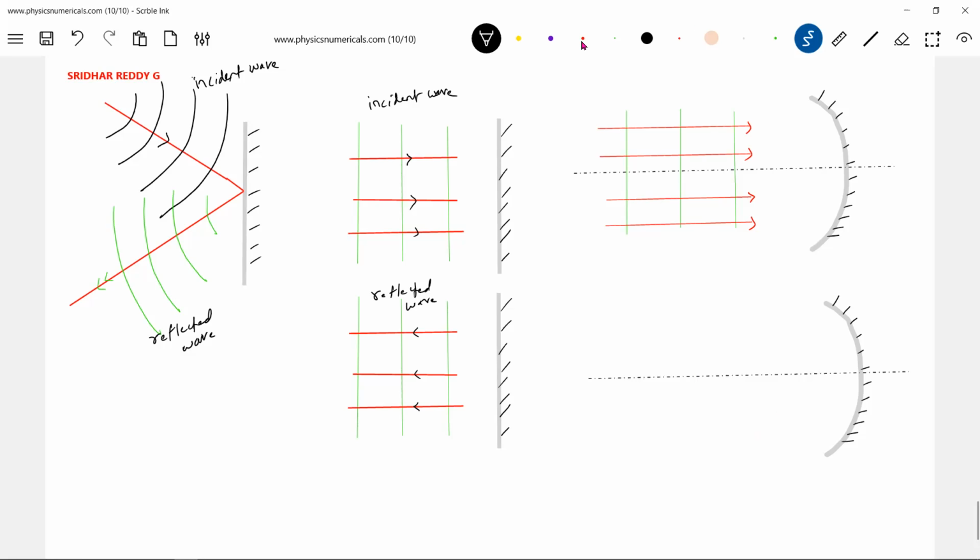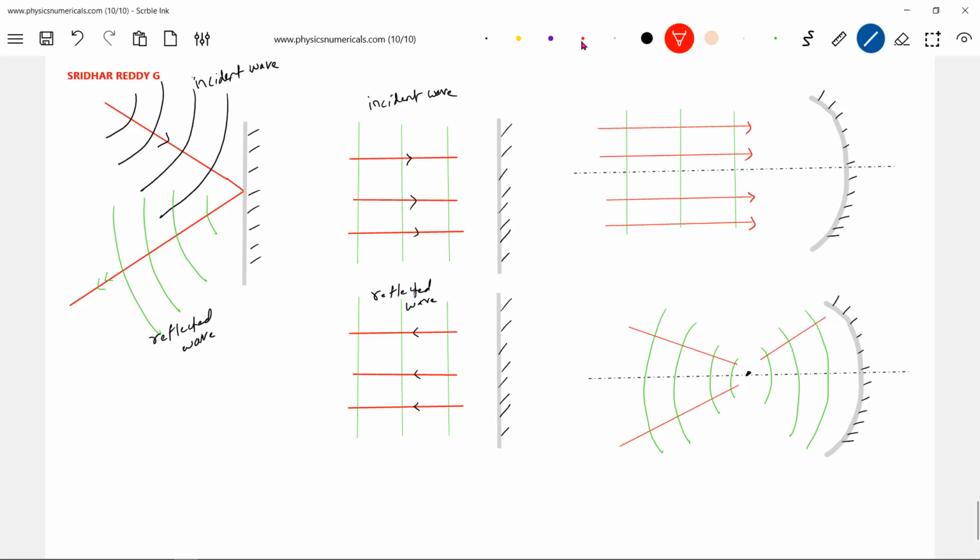So the image will be formed at the focus. So how is the wavefront? The wavefront should be like this.